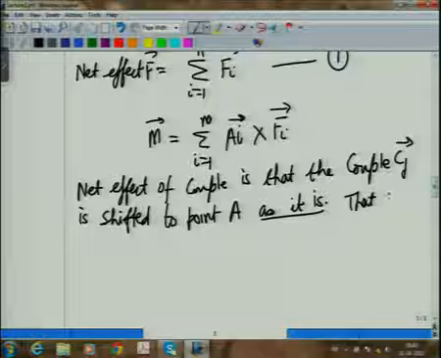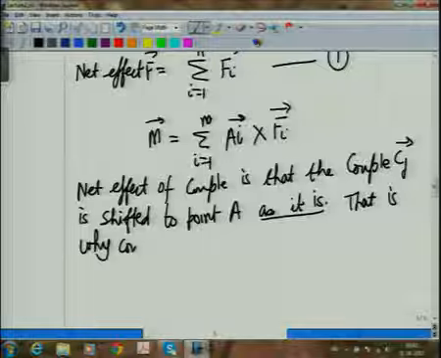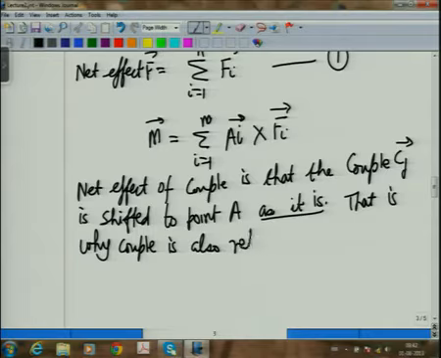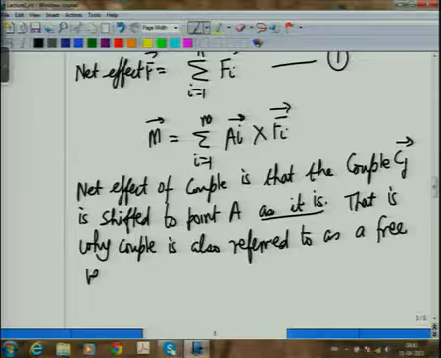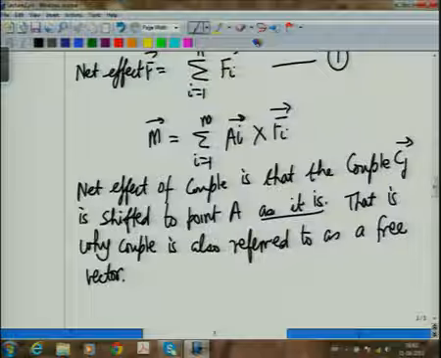That is why a couple is also referred to as a free vector. So this is how we will shift. Is this clear? Does everybody follow this?